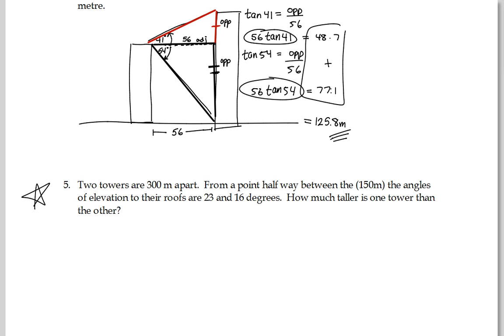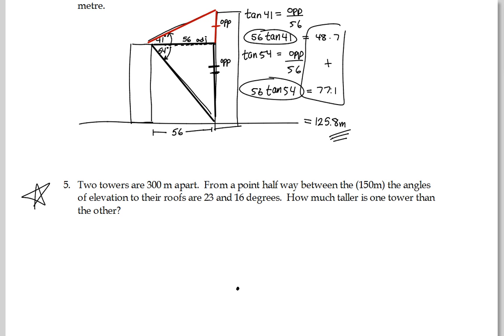It's like almost identical. So two towers are about 300 meters apart. And from a point halfway between, the angles of elevation to their roofs are 23 and 16 respectively. How much taller is one tower than the other?